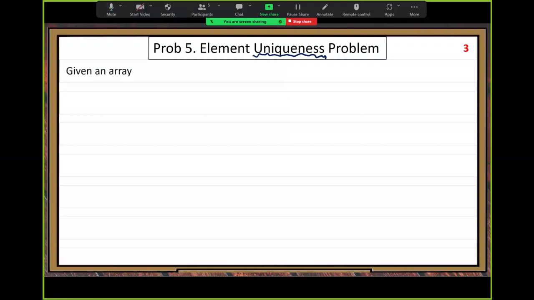Given an array, how to check if all the elements are distinct. If all the elements are distinct, then it has the uniqueness property, so the checking function should return true, otherwise false.